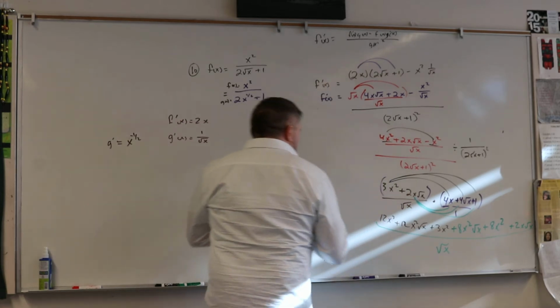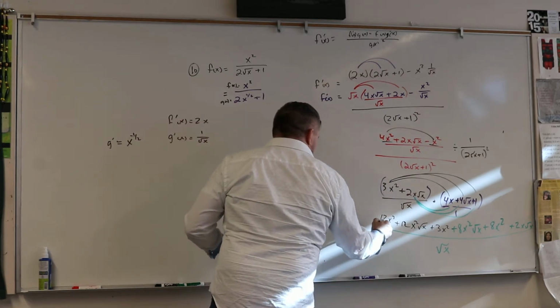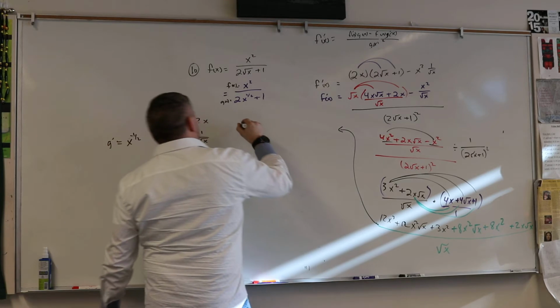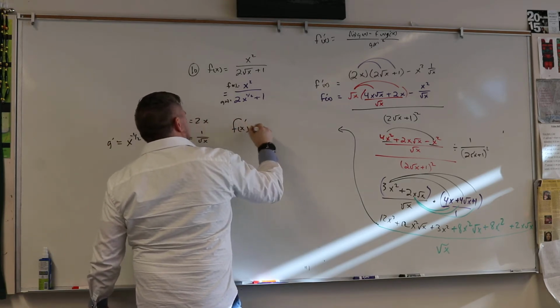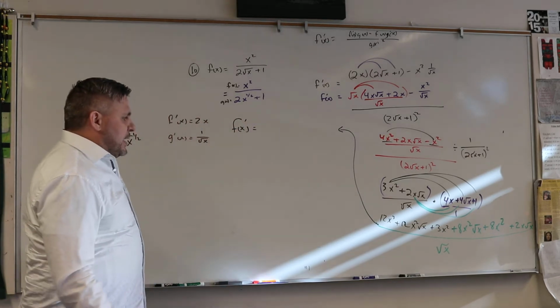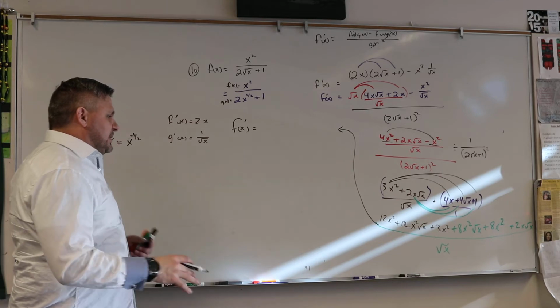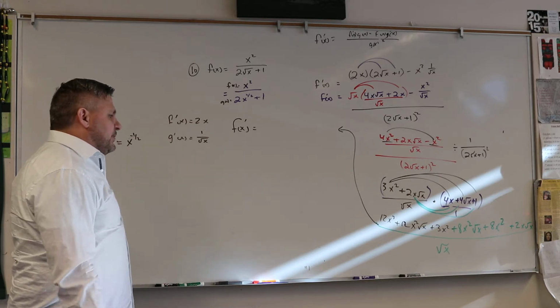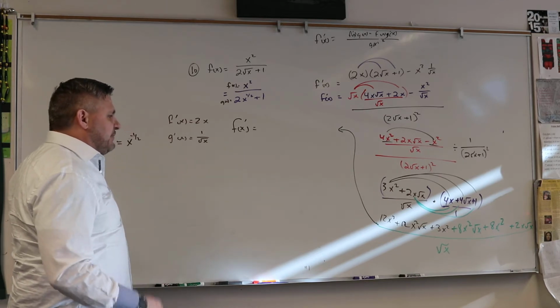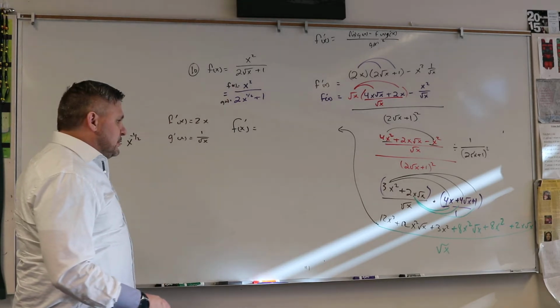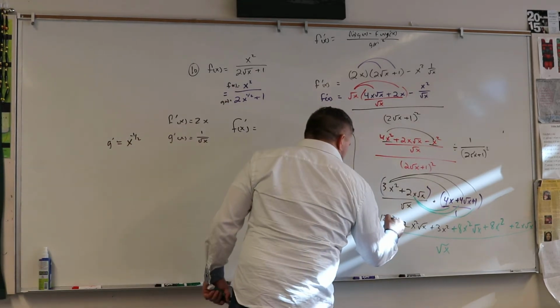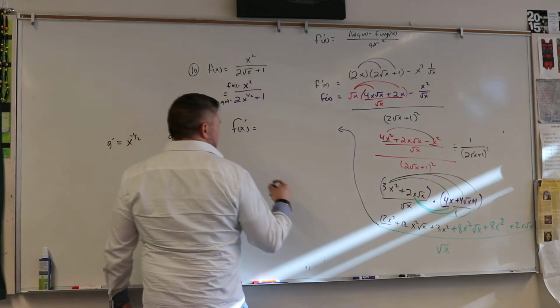Well, let's bring this bad boy over here and try to end this problem. F prime of x is equal to. All right. So what I like to do in this case is look for things that are in common. So do I have another cube? No. Okay, so cube is alone.